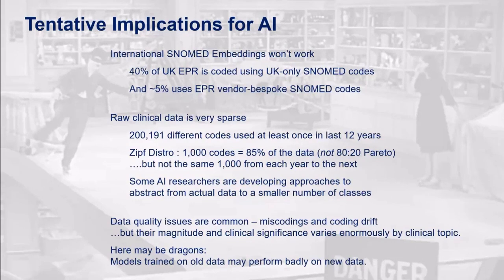And the long-term coding drift problem that we don't really understand, the miscoding problem that we can't really quantify, and whatever has happened since the pandemic in terms of altered clinical coding behaviours may be a source of dragons in the context of training and using AI.